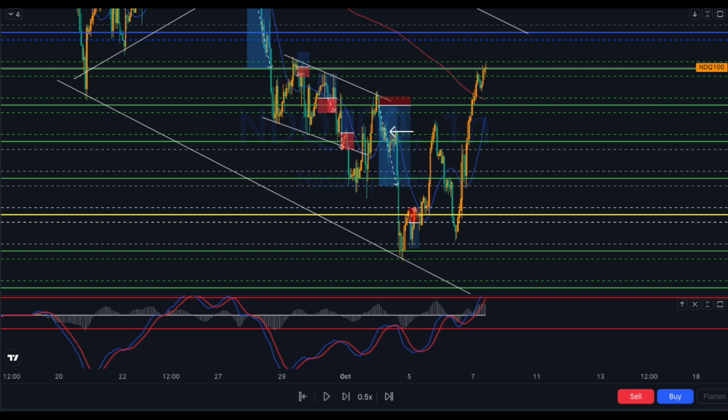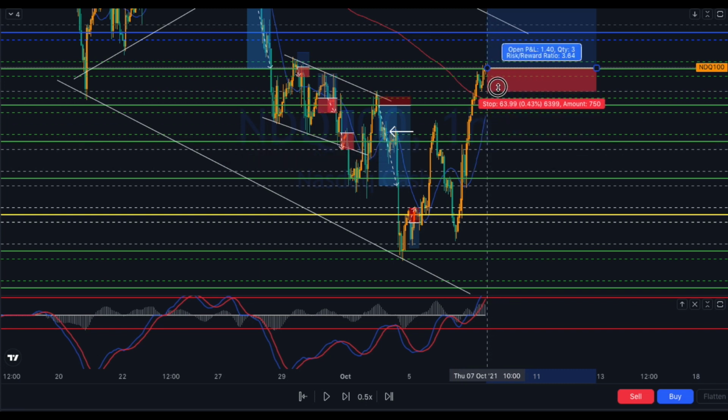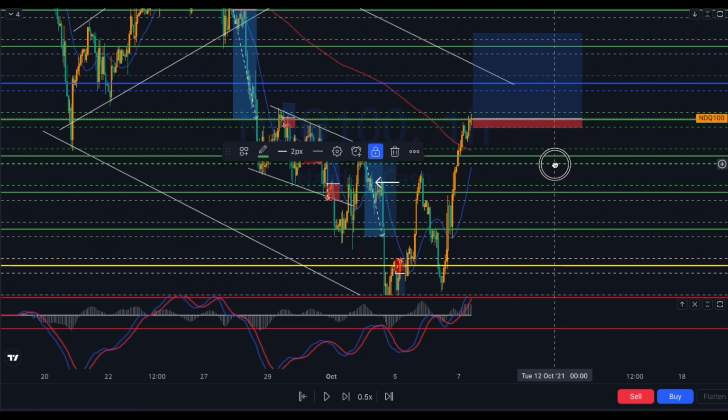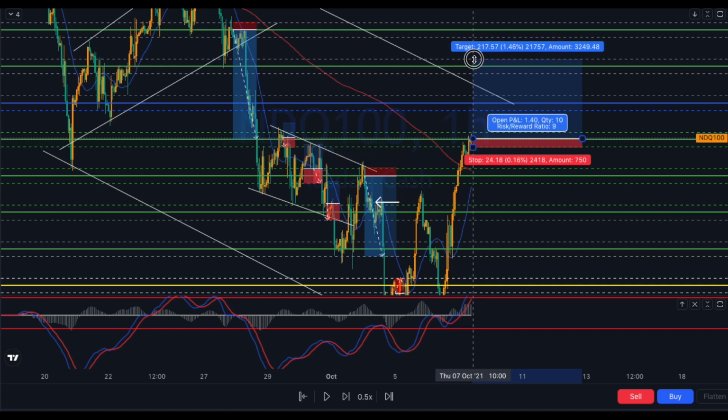So I'm going to put in a buy right now. I'm going to put in a buy, a long position. Roughly around a 24, 25 pip stop. And we're going to target this zone up here.